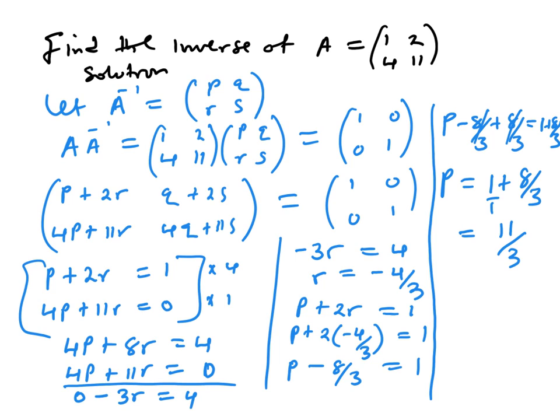P is equal to 11 over 3. We have P and we have the value of R: R equals negative 4 over 3 and P equals 11 over 3. Now that factor 3 which is coming down is so interesting. You see why 3. We shall check it by calculating the determinant of A and see if it is equal to 3. So it is interesting.